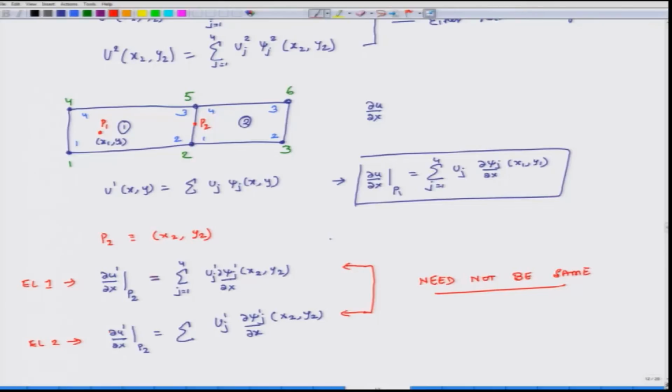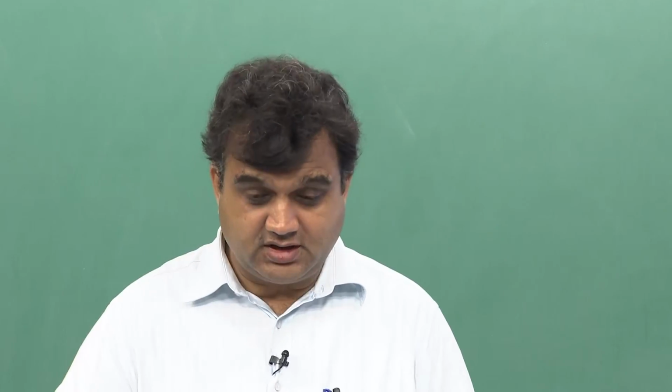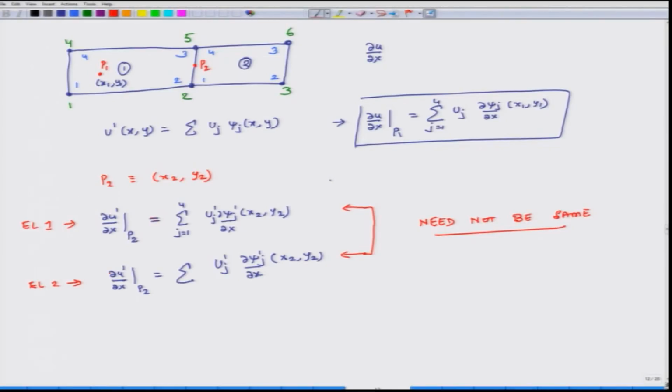Which answer is correct? So, the answer is, this is a finite element solution. So, these differences, and even higher order derivatives, what happens to them?